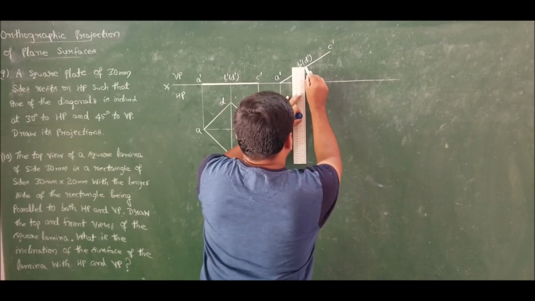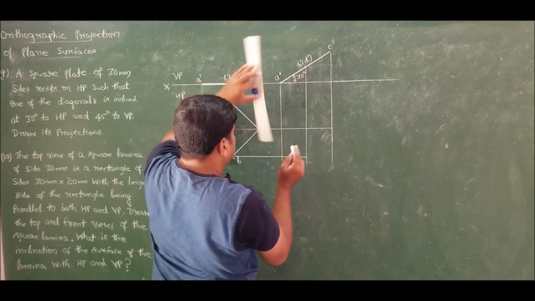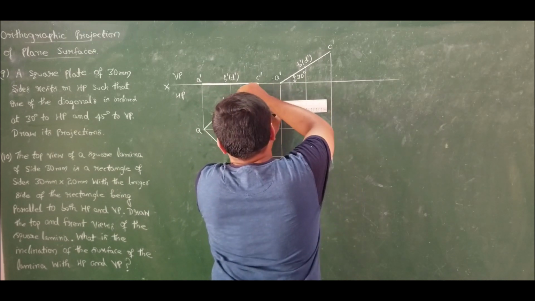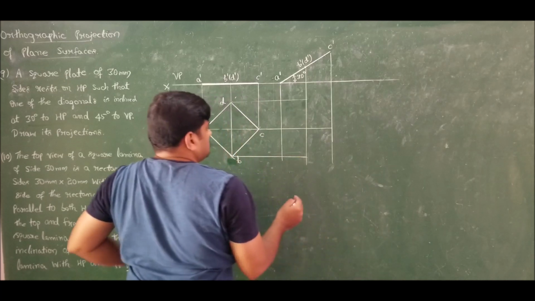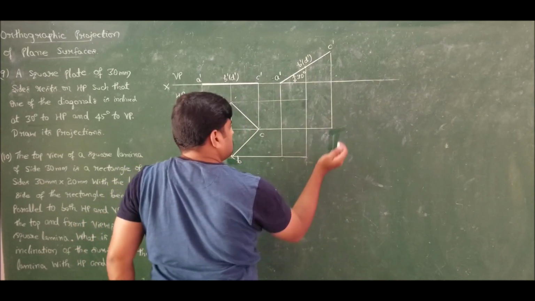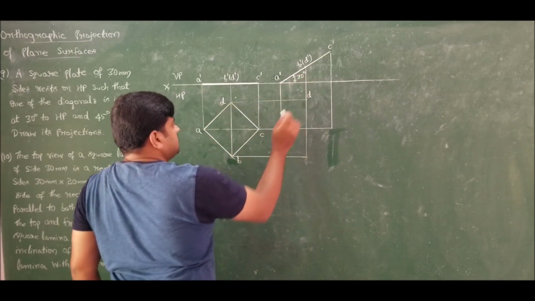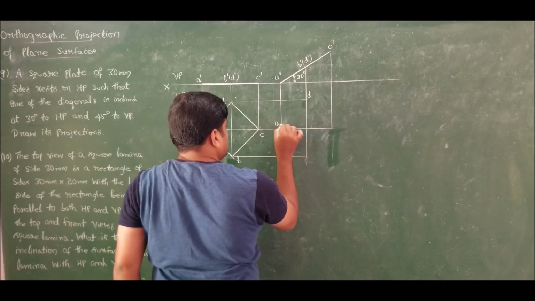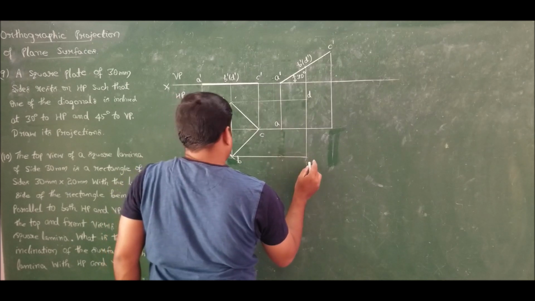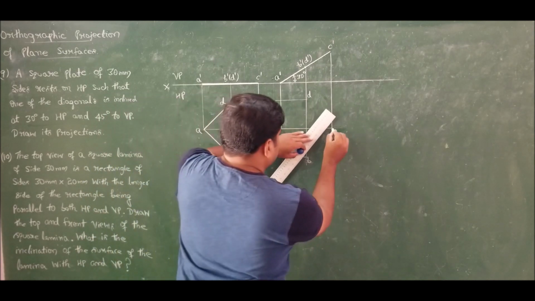We have D dash till here. So if I mark, this is D dash, and D dash and D. Here we have A. This is not required. And here we'll have B. And here it is C. So now you connect.